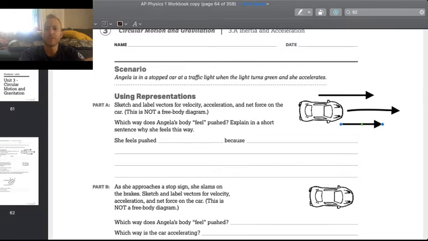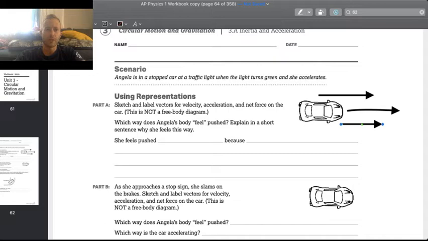Angela should feel pushed in the direction of the acceleration, right? So Angela is going to feel the back of the seat pushing against her, pushing her forward.